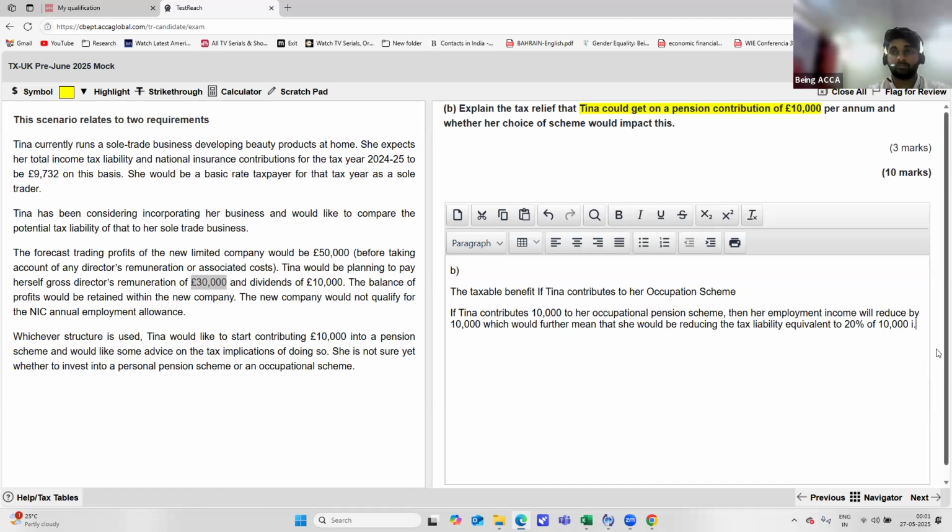That is, there is a tax saving of 2,000 pounds. Okay, clear. Now we have identified the benefit if she contributes to her occupational pension scheme. Now let's see the taxable benefit if Tina contributes to her personal pension scheme.